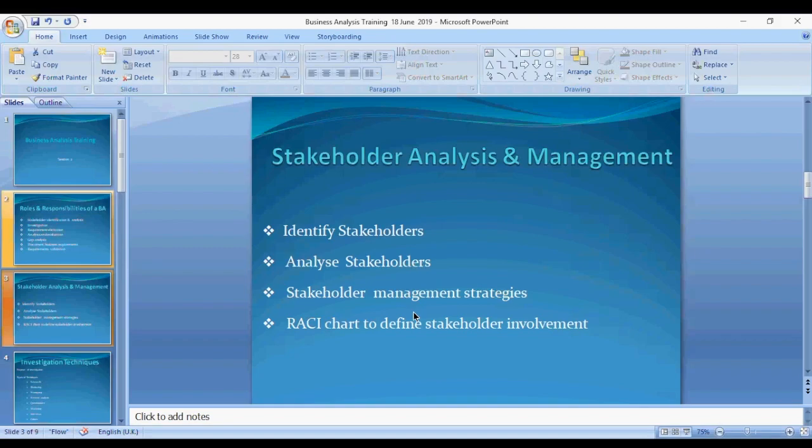That means the person who had high power and high interest before may find that the project is no longer relevant to them, so it may drop down to low interest and low power. So it changes. That's why you need to make sure you manage this stakeholder analysis as the project is progressing.